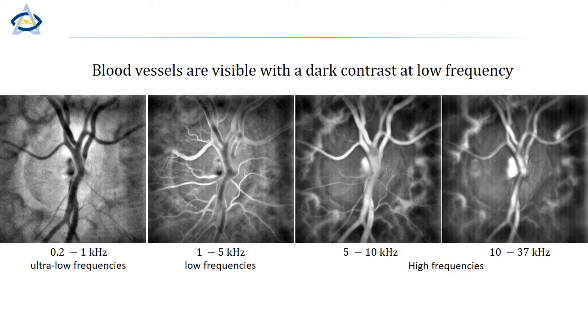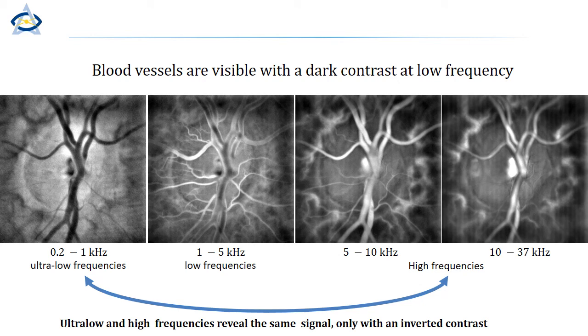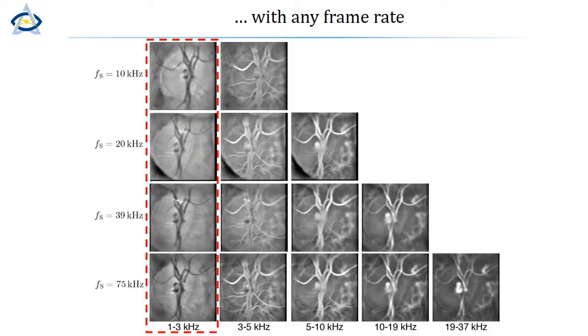And at high frequencies, you see retinal blood vessels with a bright contrast only. And there is a symmetry between these ultra low and high frequency power Doppler images that we want to use, because if you just reverse the contrast of the ultra low frequency image, then you're able to obtain something similar to what you have at high frequencies.